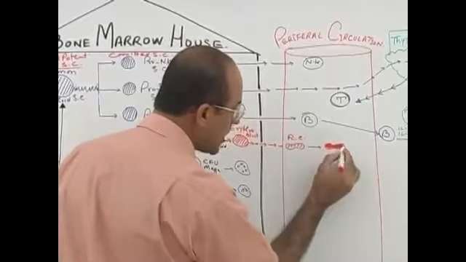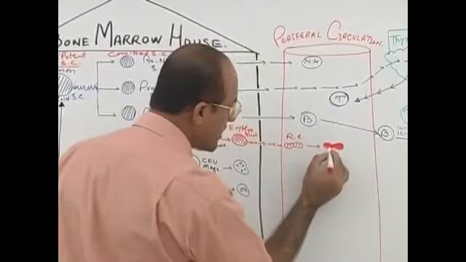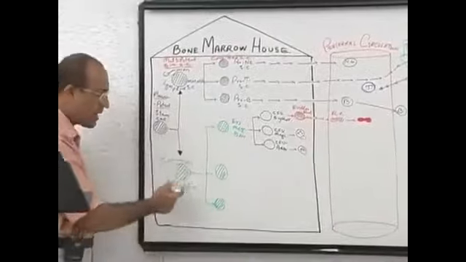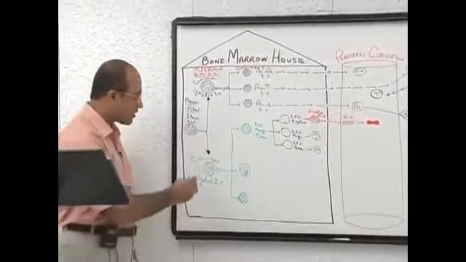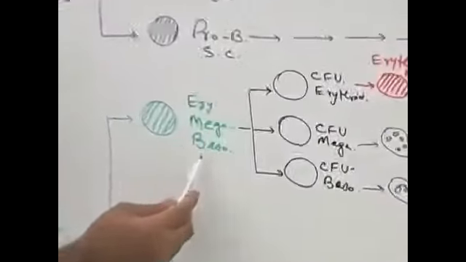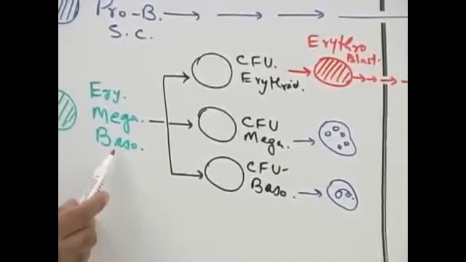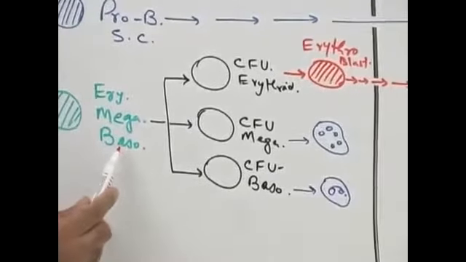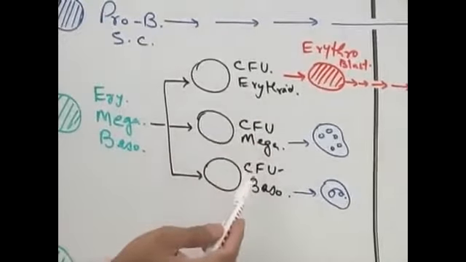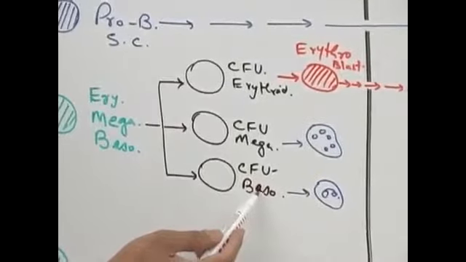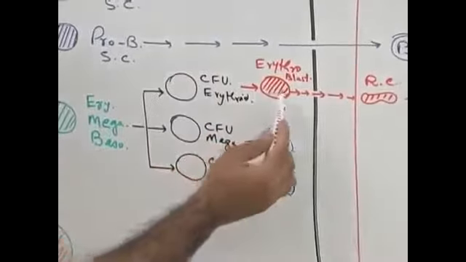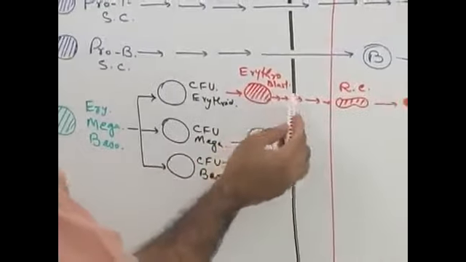The point you need to note here is that this mature RBC is a product of the common myeloid system. The common myeloid stem cell converts into erythroid, megakaryoid, basophilic committed stem cells, and these may go into erythroid colony forming units, megakaryoid colony forming units, or basophilic colony forming units. Then the erythroid colony forming unit will undergo the effect of erythropoietin and produce a lot of erythroblasts.